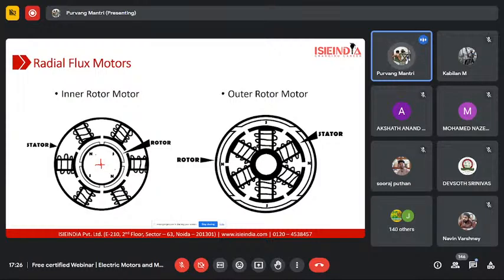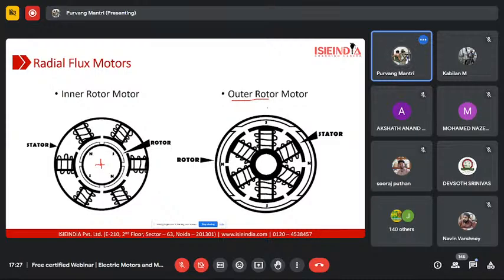Basically, every manufacturer uses an inner rotor motor, whether it's four-wheelers, trucks, or two-wheelers. There are two-wheelers that use outer rotor motors, and we will get into that. But basically every manufacturer uses an inner rotor motor because it can provide high torque. There are times when we can get the advantage of an outer rotor motor. In an outer rotor motor, the rotor is on the outside portion and the stator is in between.